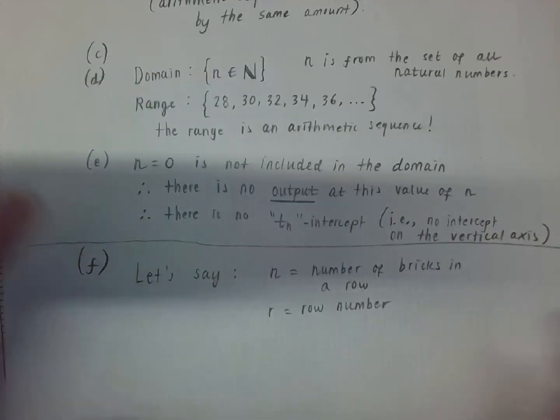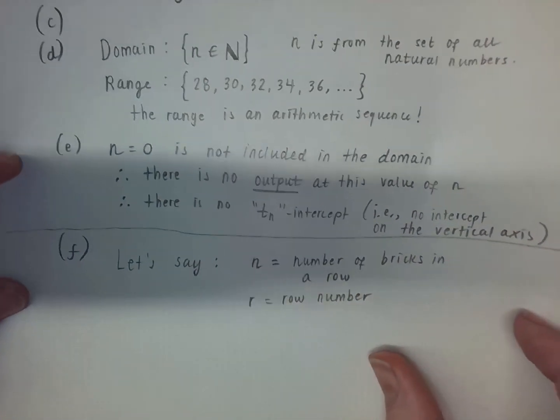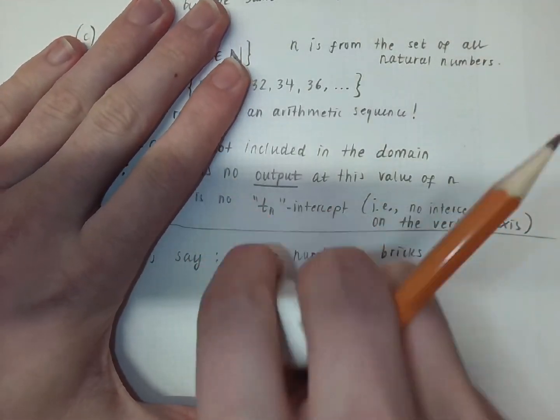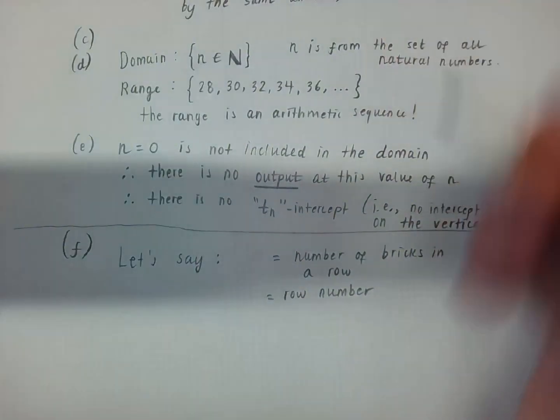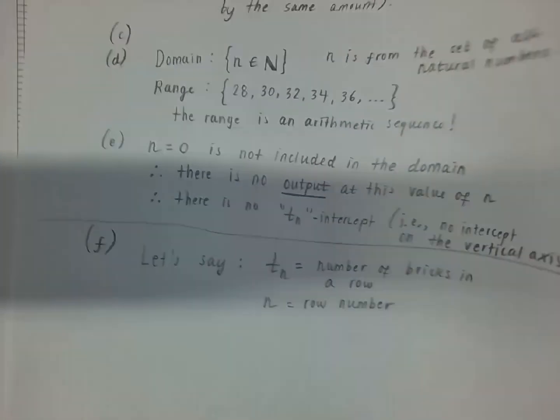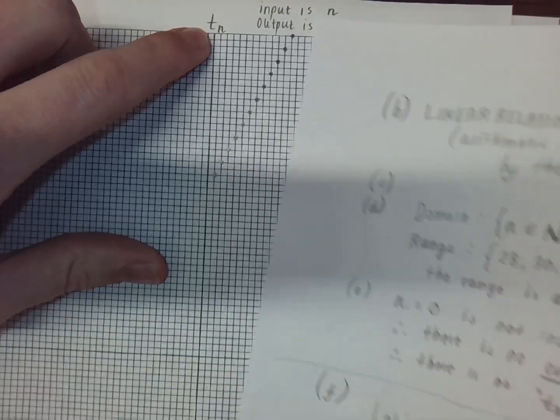Well, to be honest, I already have something like this set up as Tn and n. Tn is my output, the number of bricks, and n is my input, the row number.